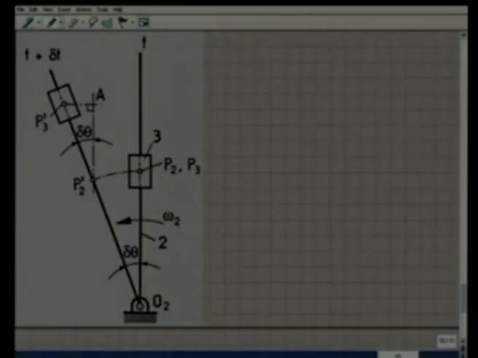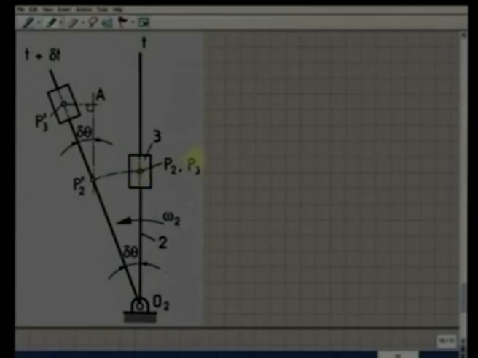We can consider two instantaneously coincident points here, which we call P2 and P3. P2 is a point on this rod and P3 is a point on this block 3. P2 and P3 are coincident at this instant.